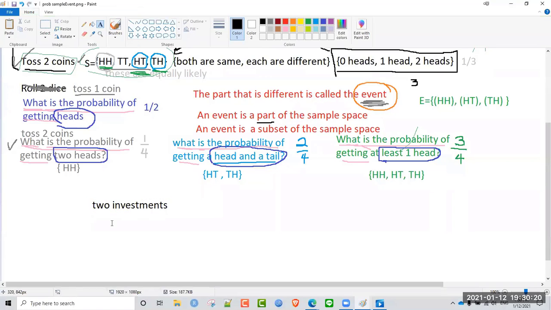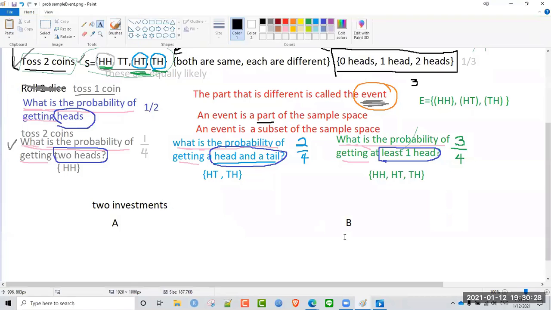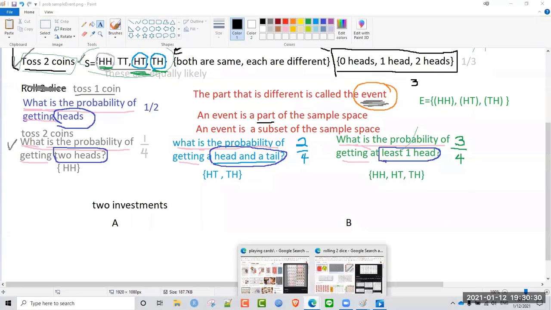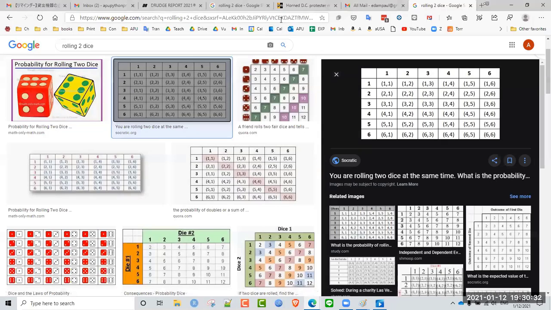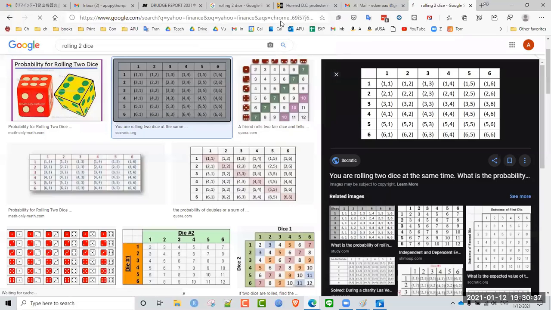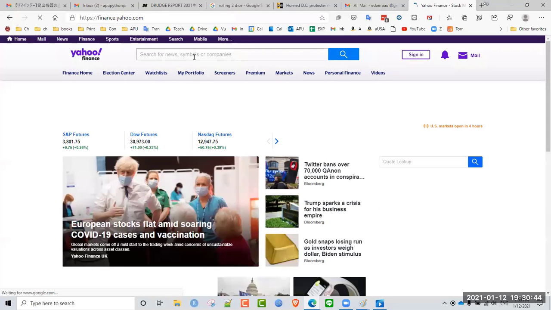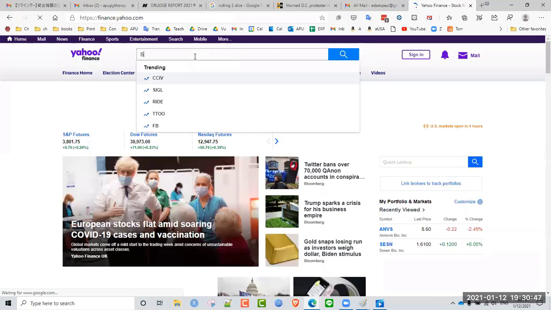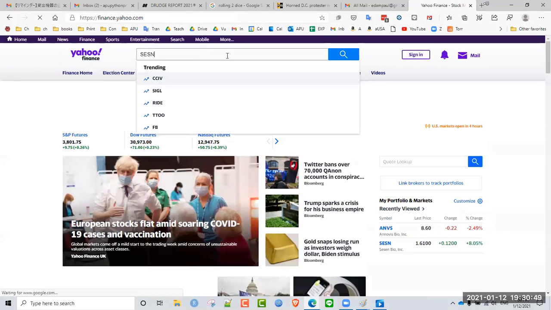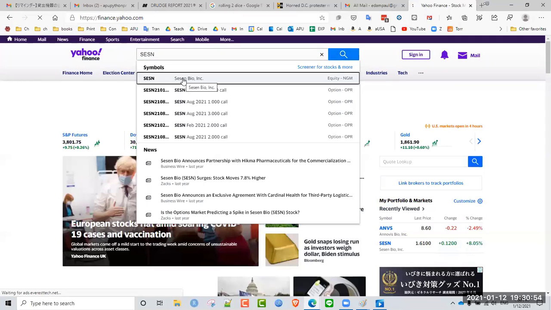Let's call them A and B. And suppose we went to an expert, and by the way, you can do this in Yahoo Finance. So if you go to Yahoo Finance, let me just show you. Here's a stock that my friend recommended I buy. It's called SESN. Okay, so let's look at this, or we could look at Tesla, but I'll just look at this stock.